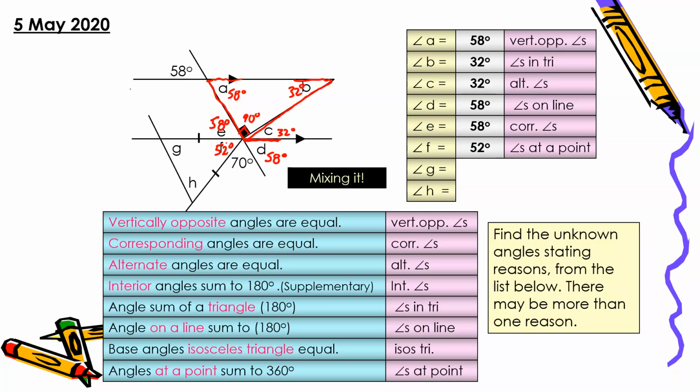This is angles on a point, so you could add them all up to work out from 360 or use the straight line. The last one is looking at G and H. Now they're going to be the same size, so in other words G is equal to H. That's because we have an isosceles triangle. So those two sides, the red sides there, are the same length, noted with the little cross hatch there.